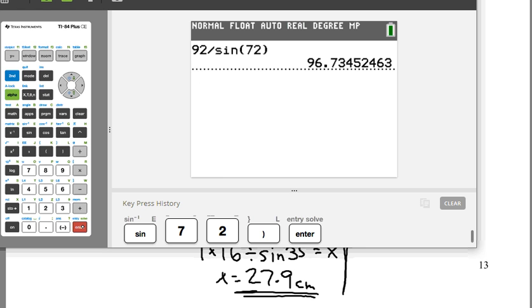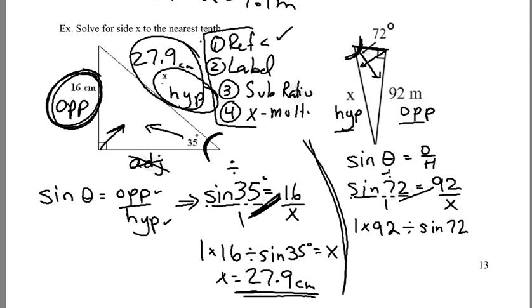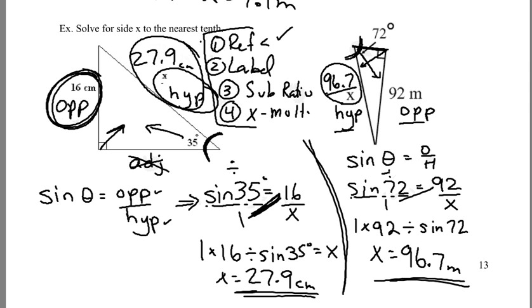We get a side length of 96.73, so the 7 just stays the same, 96.7. So our x is 96.7 meters. And again, does that make sense? I like that answer because it's the longest side, which it should be because that's the hypotenuse.